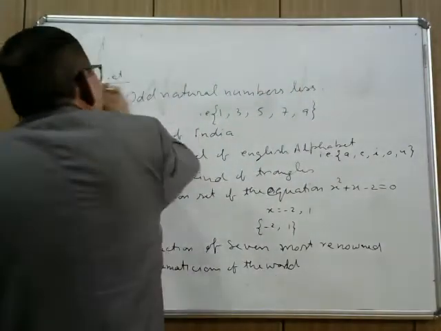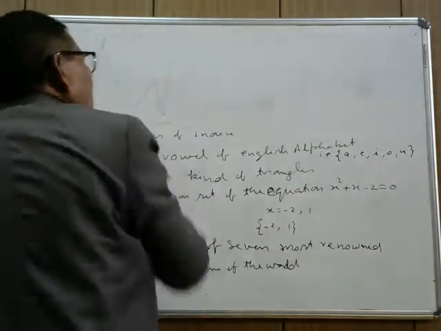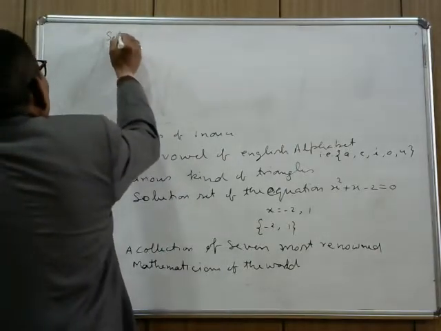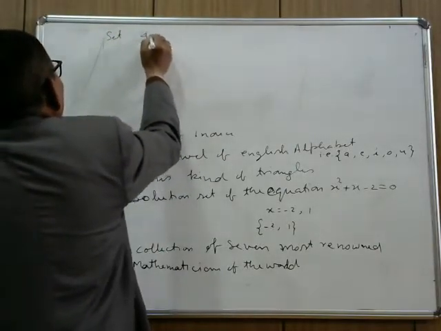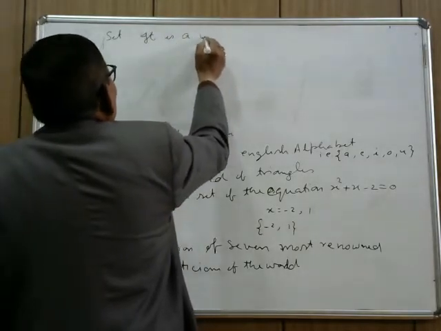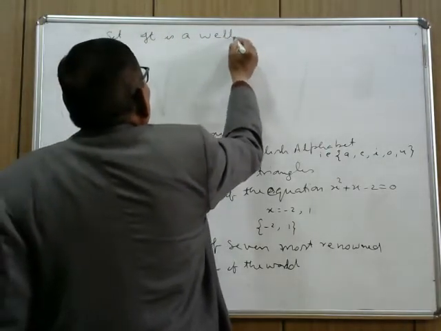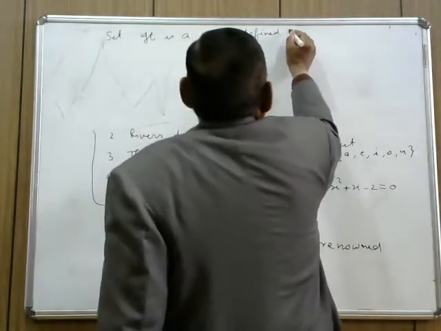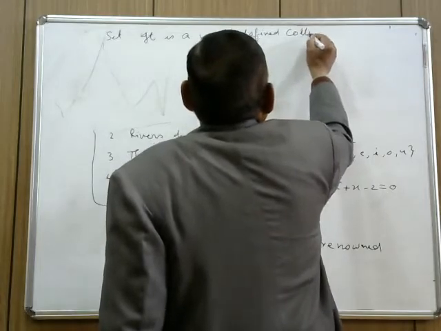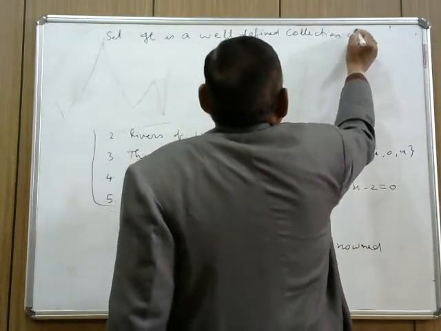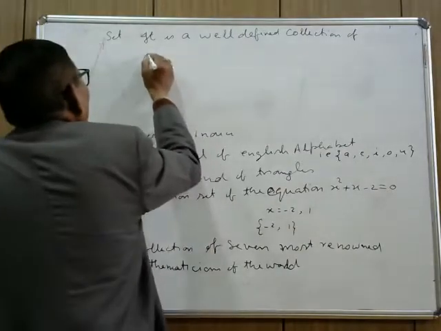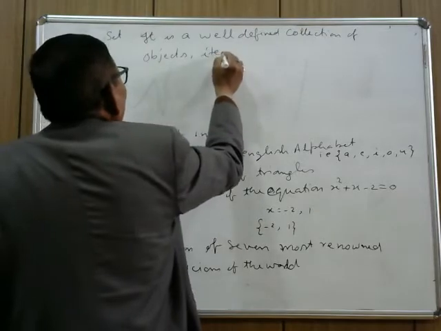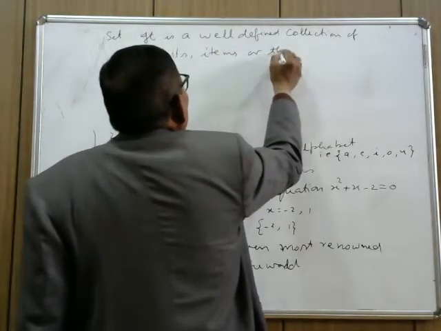How can you give the definition of a set? A set is a well defined collection of objects, items, or things.